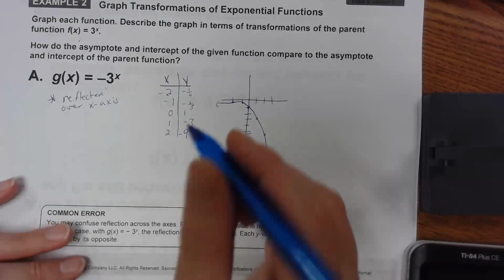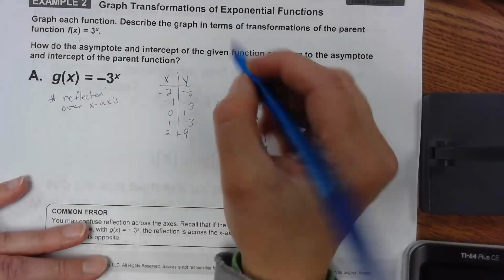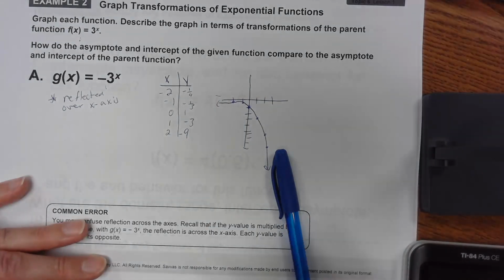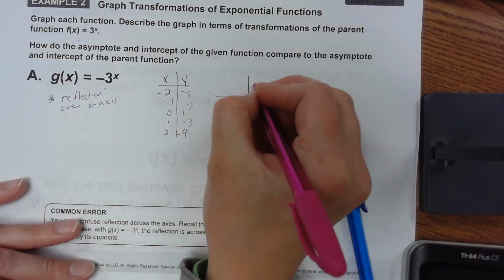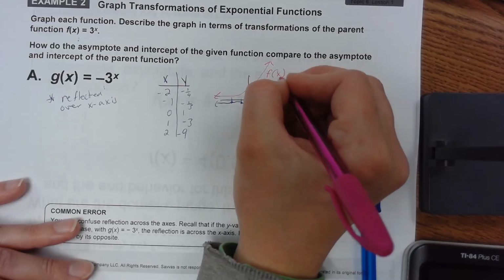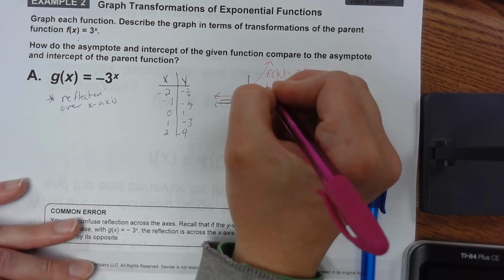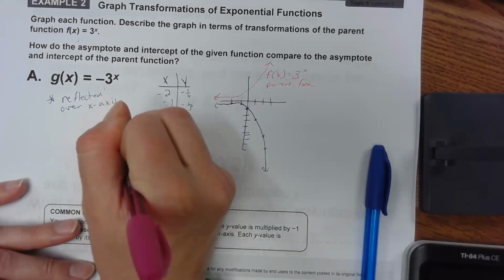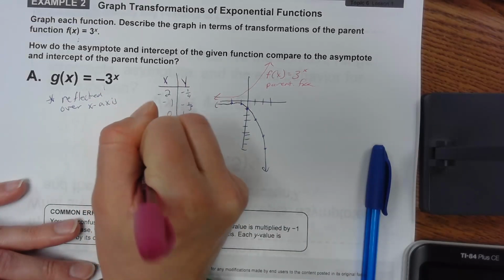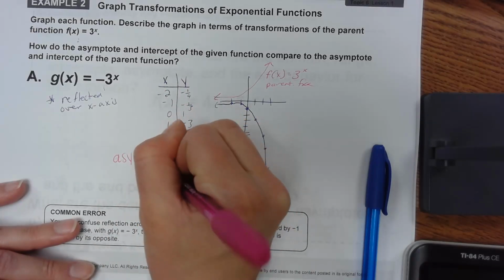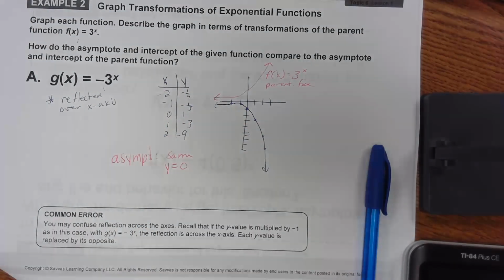So my asymptote of my original would have been, right, if I'm just reflecting this, this would be f of x equals 3^x. So this is considered the parent function. So the asymptote is the same, and it's still y equals 0.